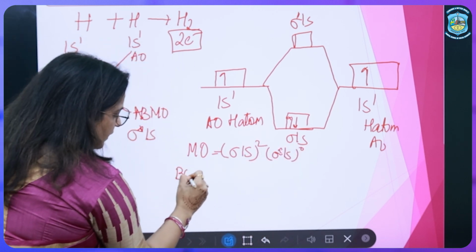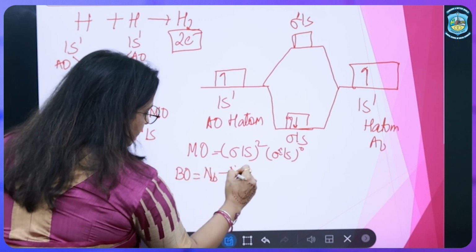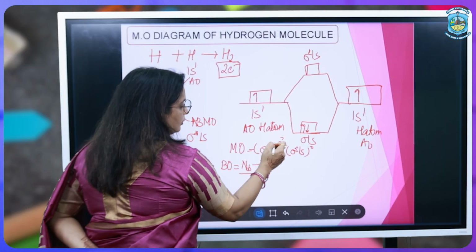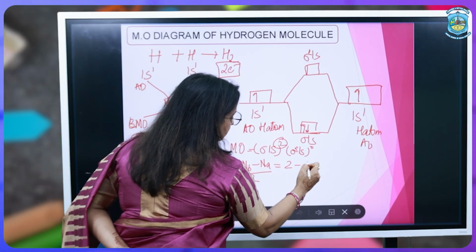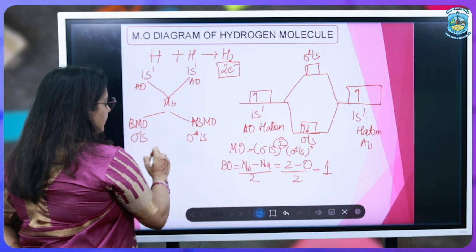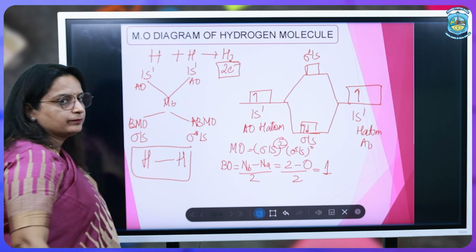Calculating bond order, as I told you, is number of bonding minus number of anti-bonding electrons upon 2. We have only 2 electrons: this is 0, this is 2, this is 1. So there is one bond existing between the 2 H atoms.